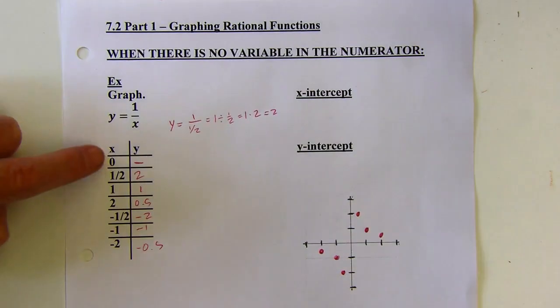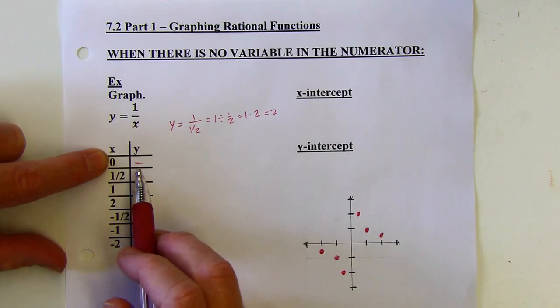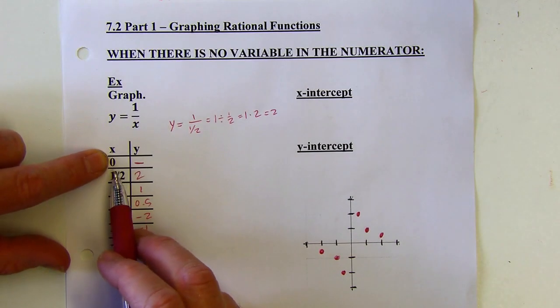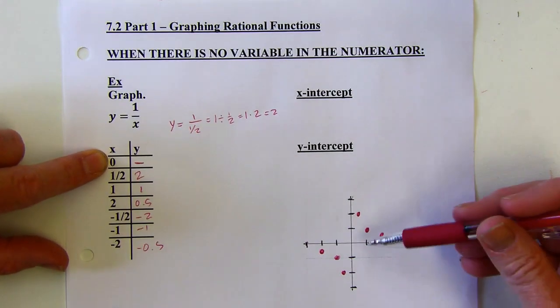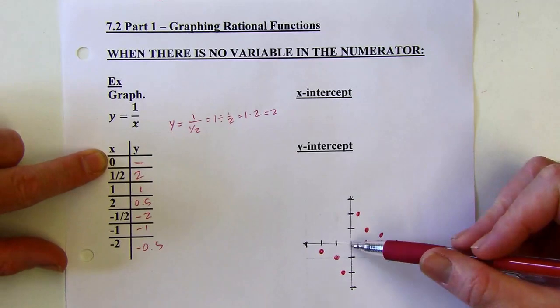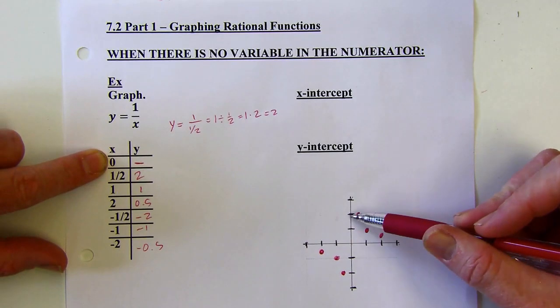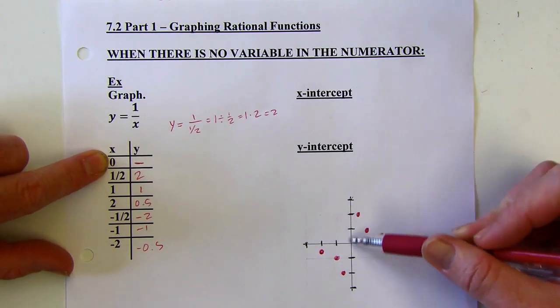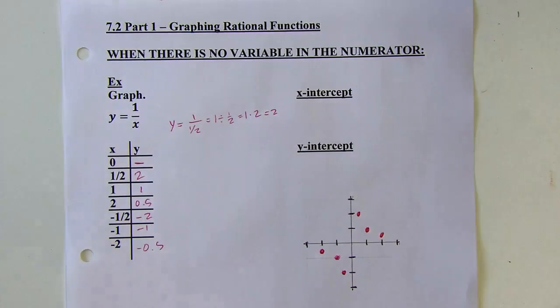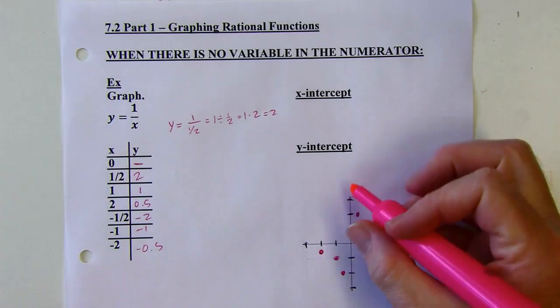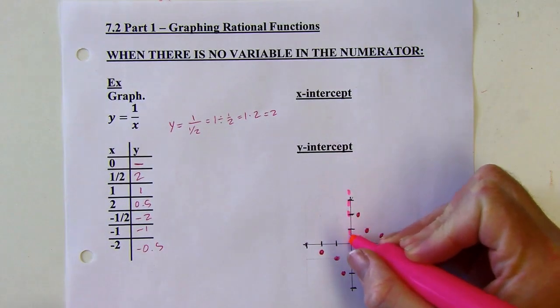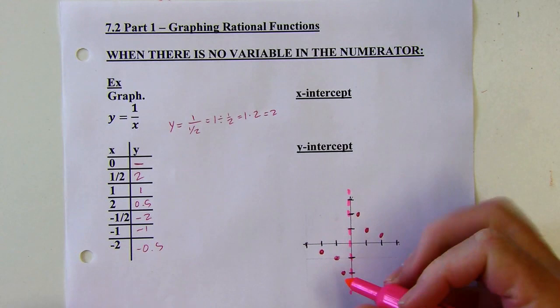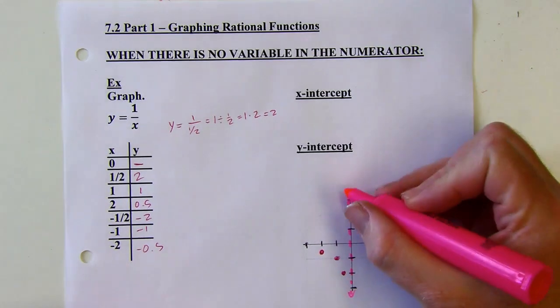Okay, now the one I didn't graph was 0, undefined, because I can't really graph that. So when x equals 0, well, let's think of all the points where x equals 0. There's (0, 0), (0, 1), (0, 2), (0, 3), (0, -1), (0, -2). All of these are undefined, okay? So what's going to end up happening is I'm going to have an asymptote right here on the y-axis.